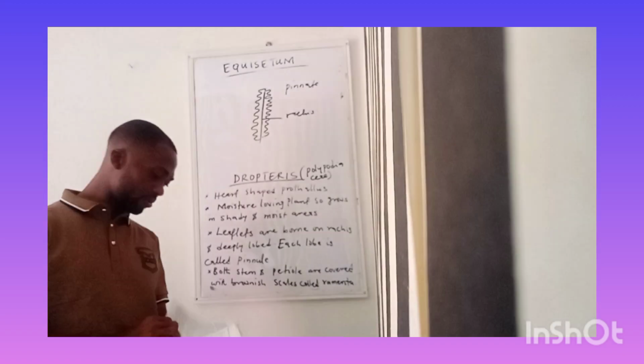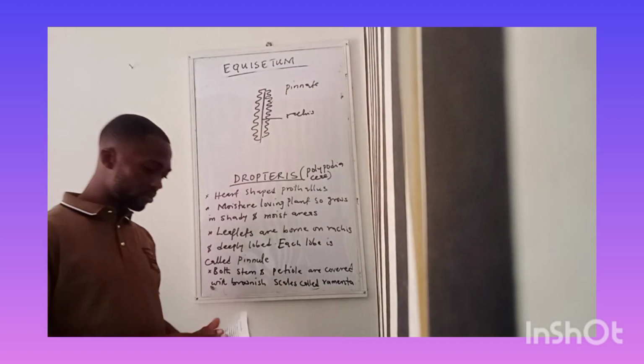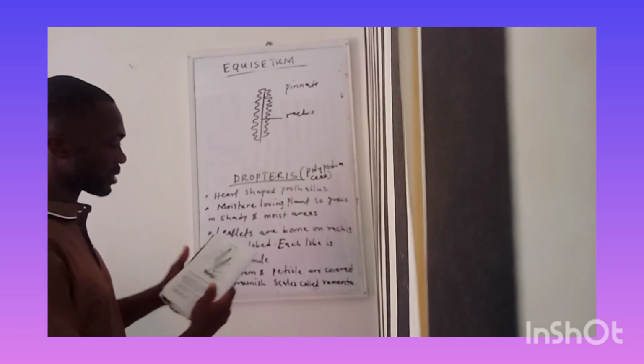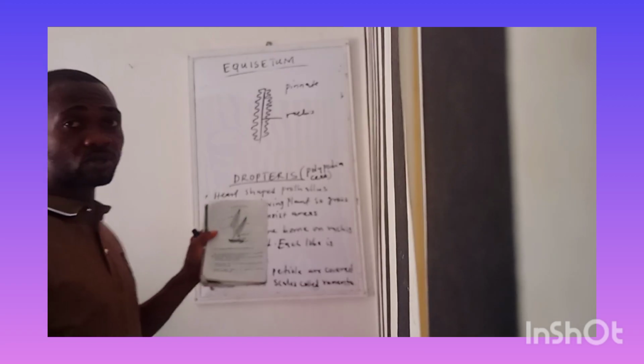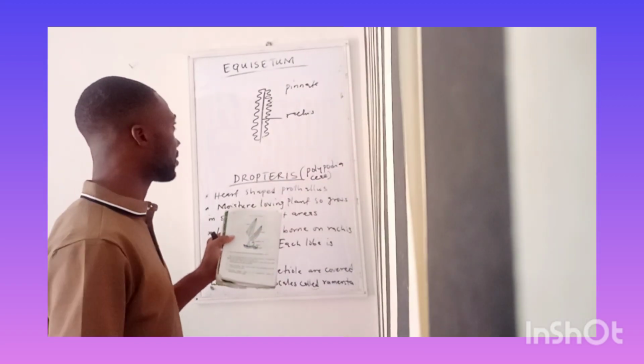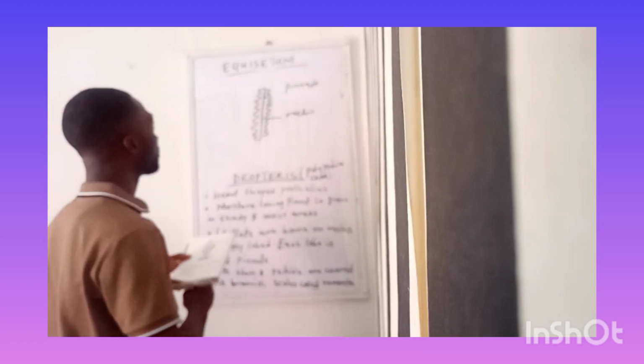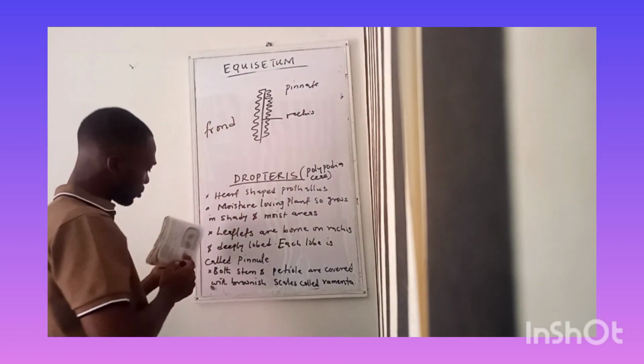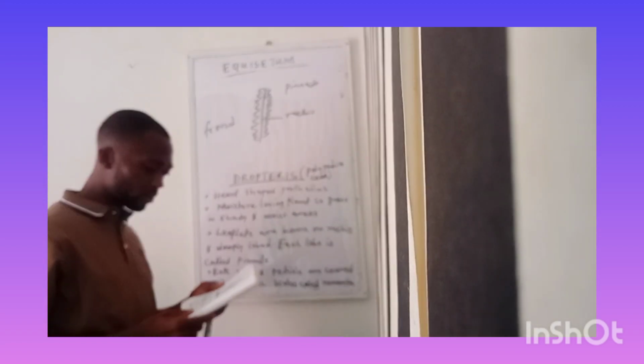Let me show you from the textbook. So you can see the leaf, and the leaf is also called a frond. The leaf of Dryopteris is called a frond. The leaves are called fronds.